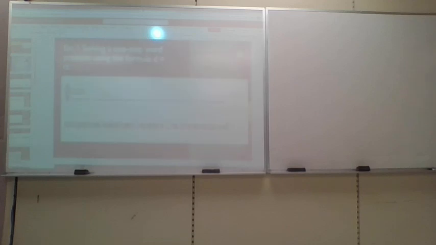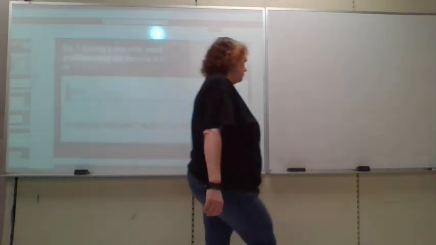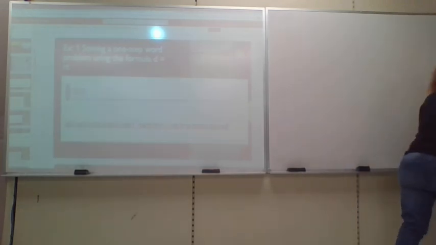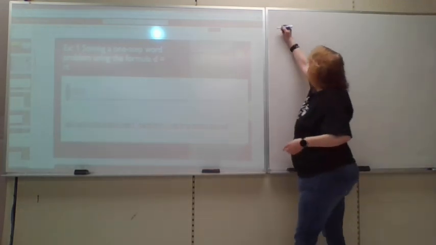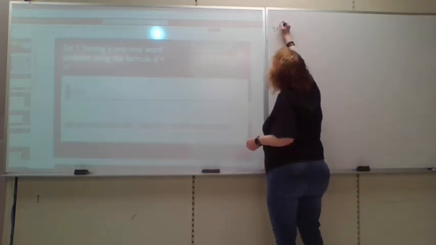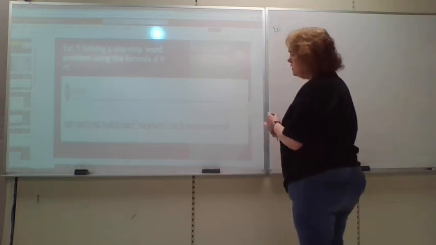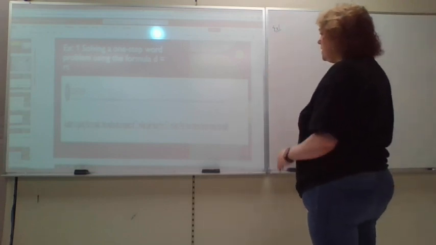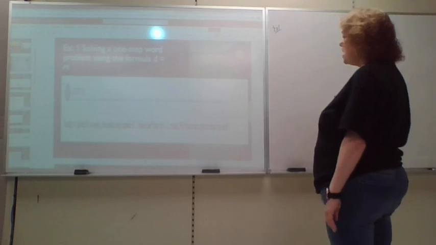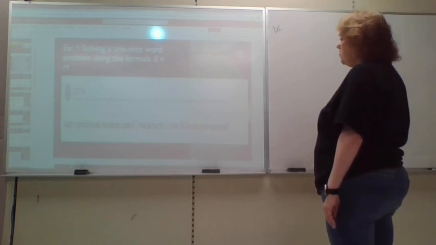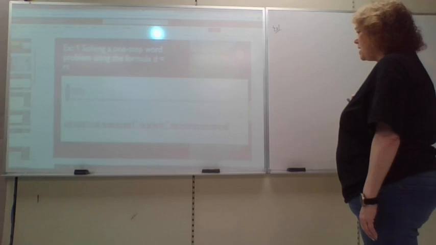So let's look at example 1. We're going to be solving a one-step word problem using the formula D equals RT. Austin is going to go for a walk, and he walks at the speed of 2 miles per hour for 3.2 miles.